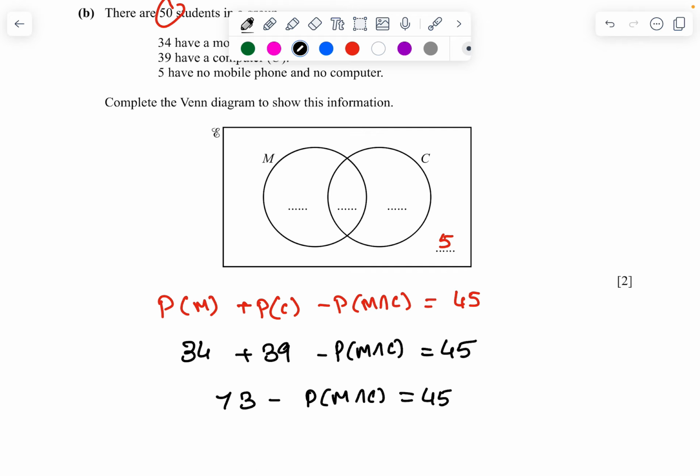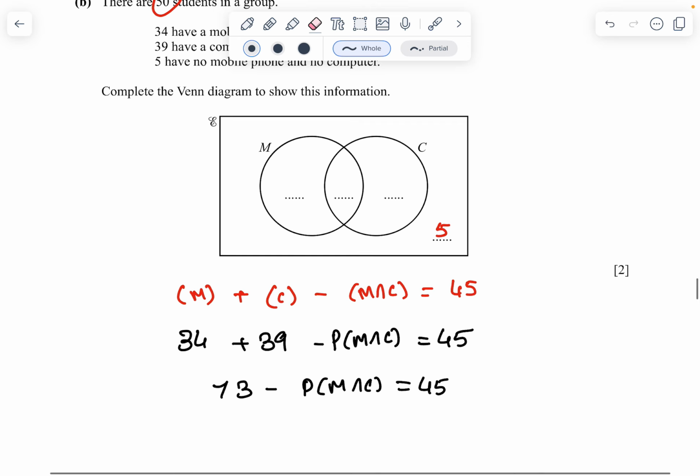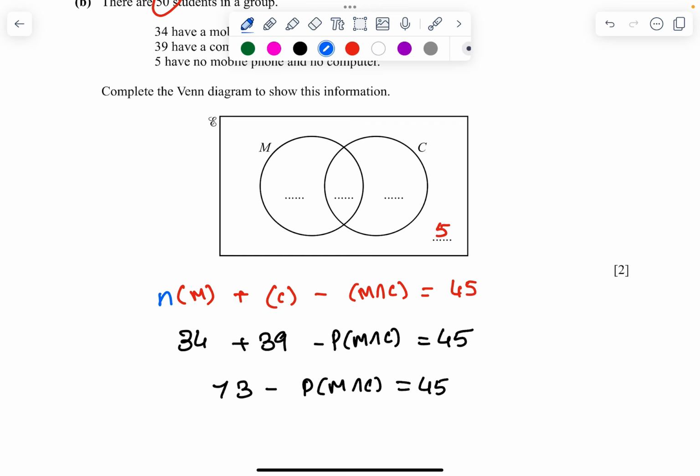This is called the addition formula from the probability or the Venn diagrams. Or instead of P, we can write it as N. Not probability, so we are using the N concept.